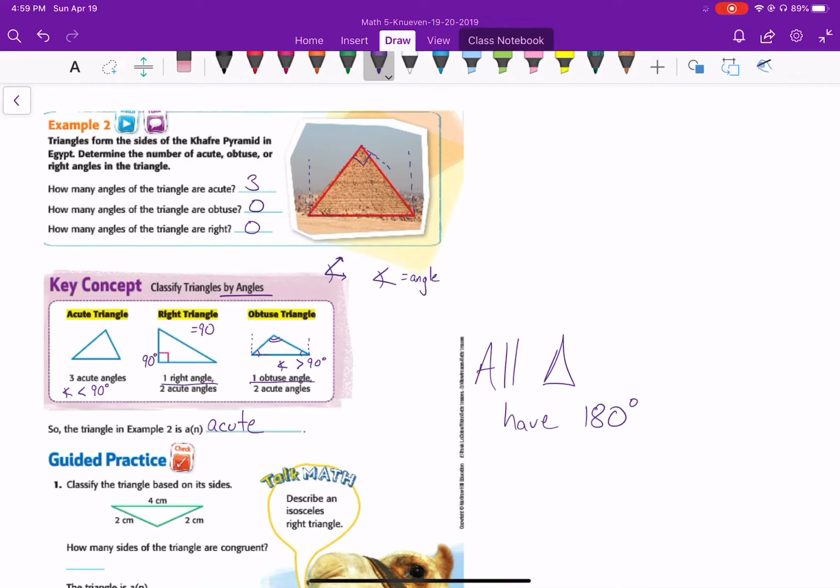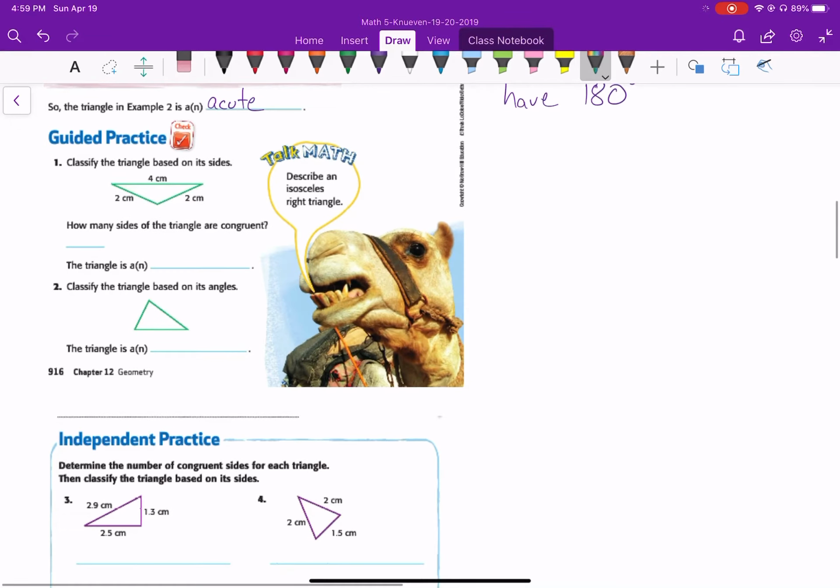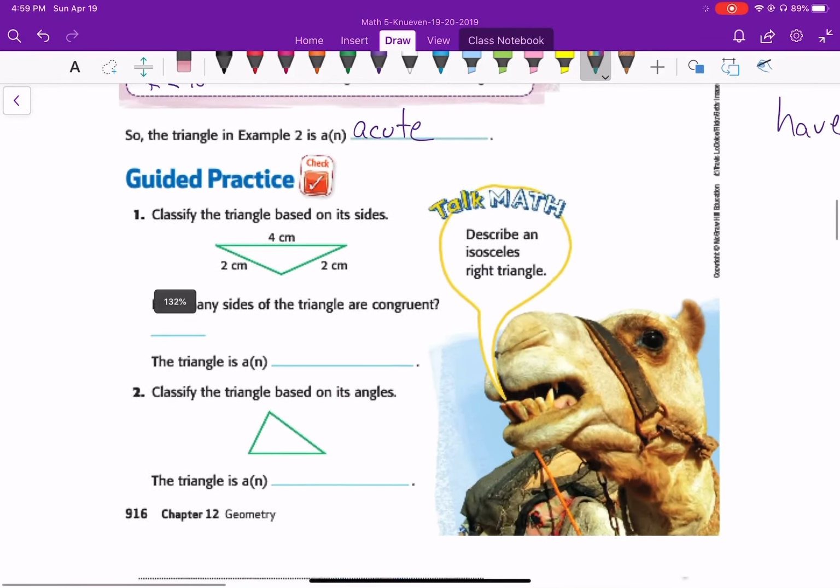Because if I have 180 on an equilateral triangle and I divide that by three angles, because all triangles have to have three angles, well, an equilateral triangle has all three angles equal to 60 degrees. Each one of these would be 60 degrees because 60 times 3 would be 180, just like 6 times 3 is 18. All right, so let's do a couple practice here.